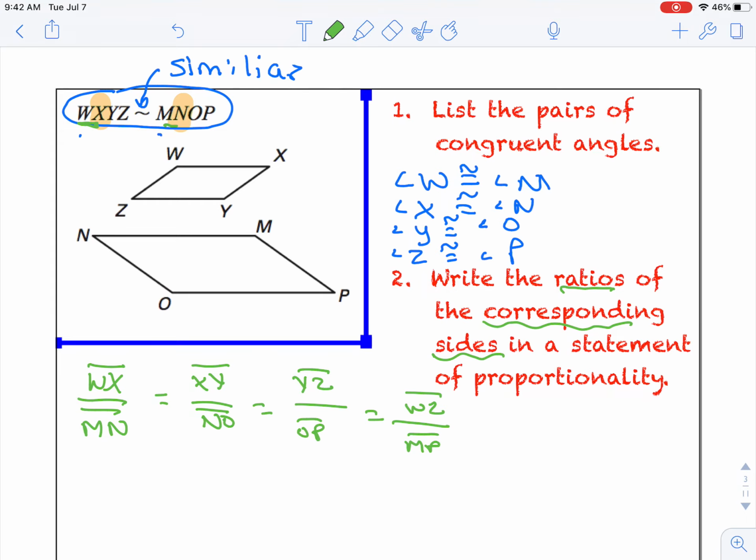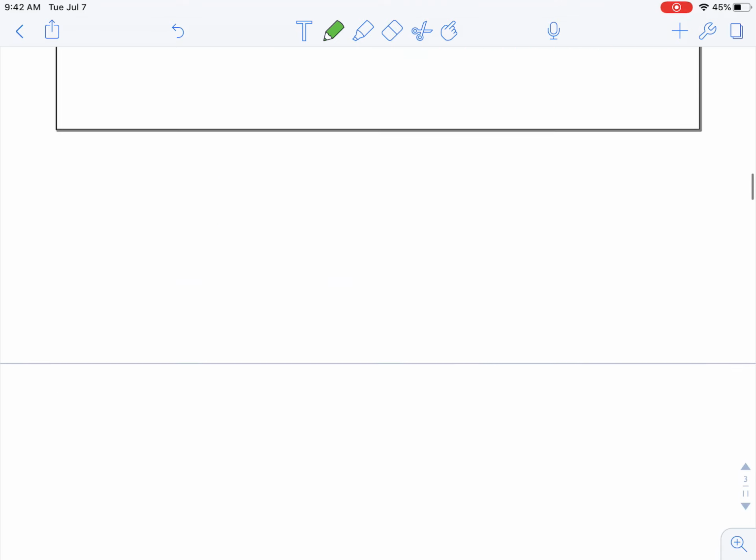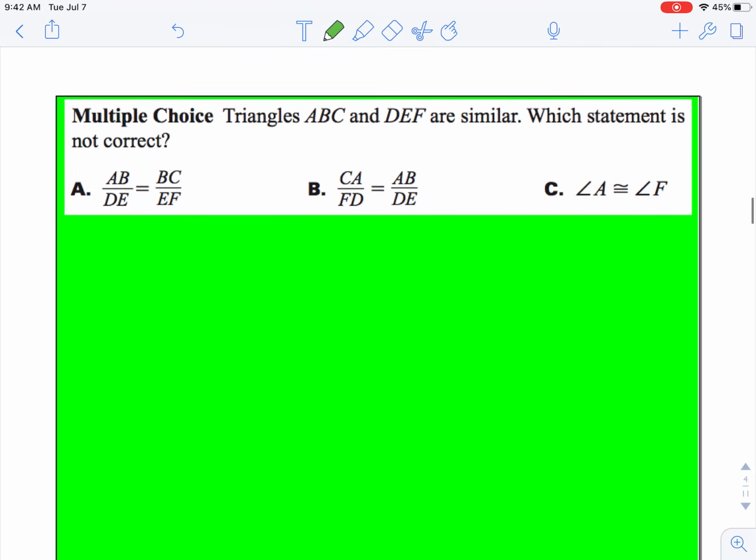Sometimes people get confused if there are values assigned to the sides, but normally we write this statement of proportionality with the actual sides from the similarity statement. Here's a question asking: if triangles ABC and DEF are similar, which statement is not correct? AB compared to DE should be the same ratio as BC to EF, so that is true.